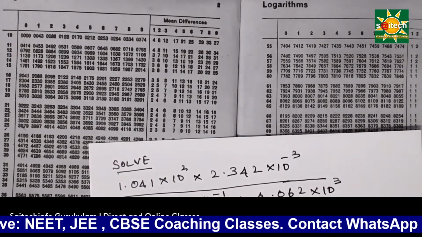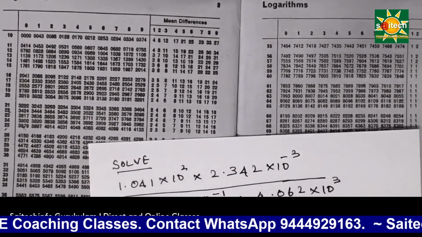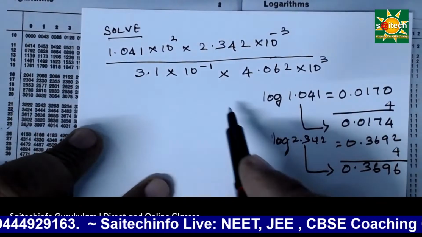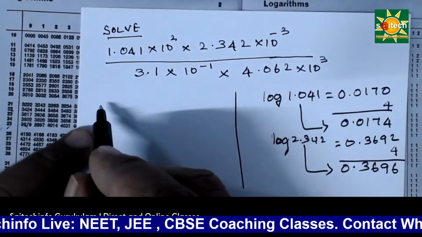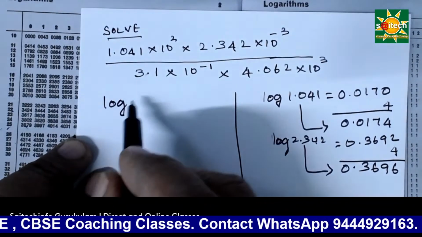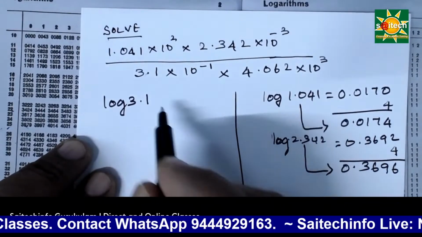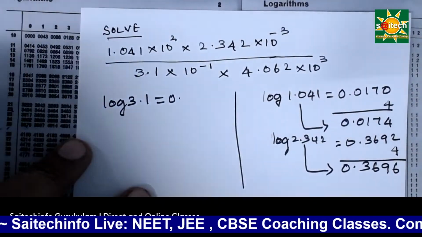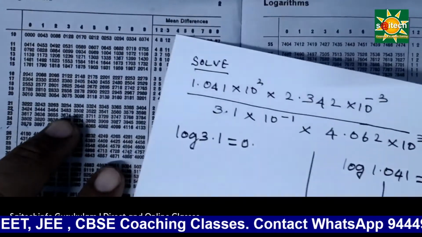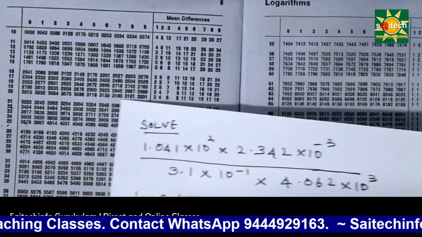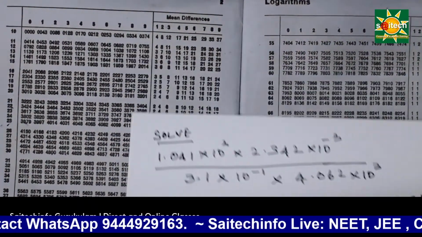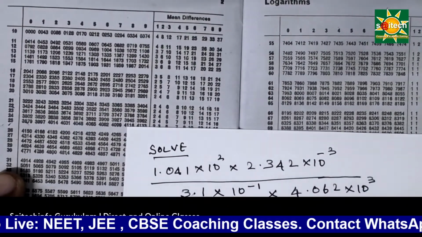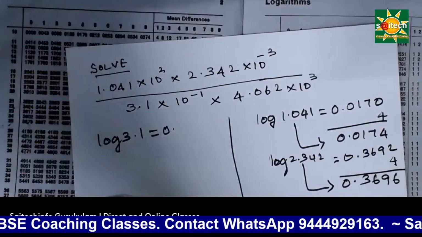And similarly, you had to find out log of 3.1. So log 3.1 is equal to 0 point because it is a single digit. So 0 point, then 31, and after that there is no digit here, so we can put 310. So 310 is how much? 4914.